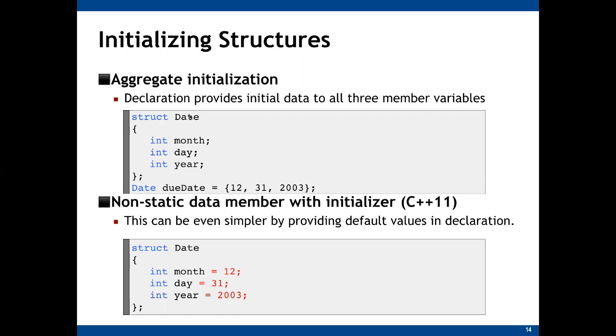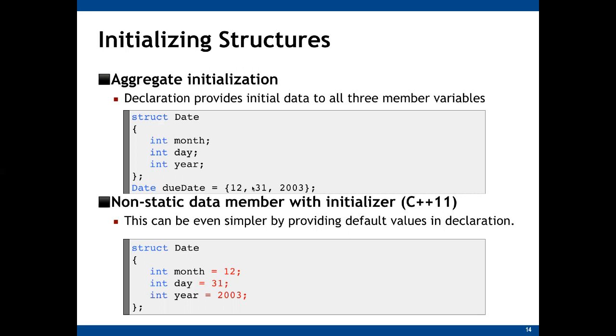If you provide fewer values, the provided values are used to initialize member variables in order, and the remaining member variables will be initialized to default values, which is normally 0. So it's okay to put 2 values here. That's syntactically correct.